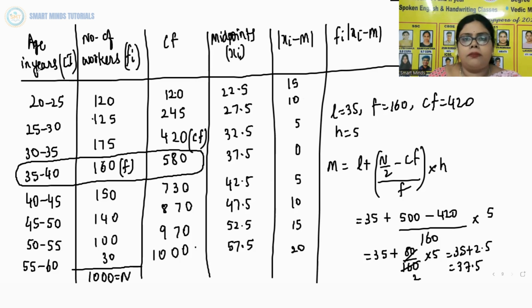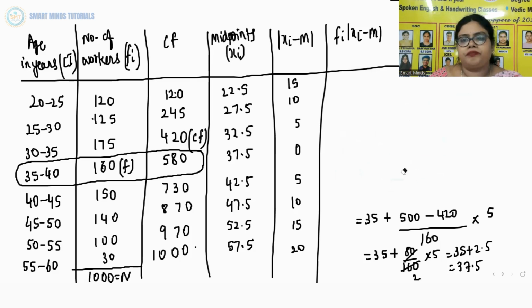Now we need to multiply Fi column with the last column. What is Fi? 120 into 15. So that is 1800. Then 125 into 10 is 1250. 175 into 5 is 875. 160 into 0 is 0. 150 into 5 is 750.